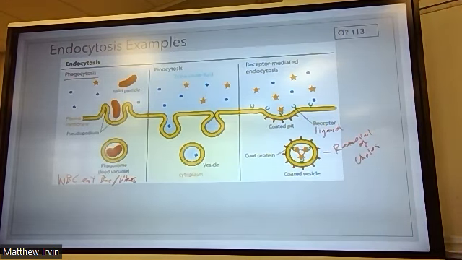But this is also how viruses trick our bodies into taking them into the cells. They bind to specific ligands. The cell thinks it's something that the virus is not, and it draws the virus in.